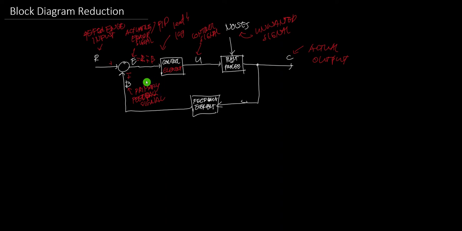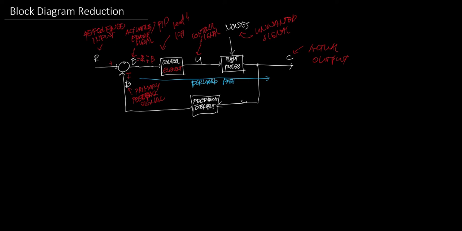Now, the path from the input to the output, we call the forward path. These are basic terms. They will be very useful later on when we are solving some problems.